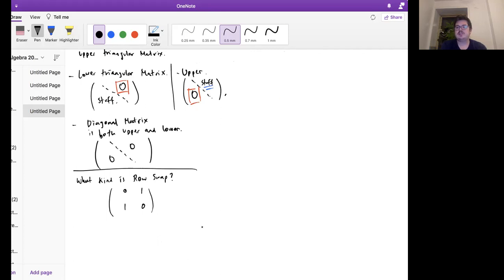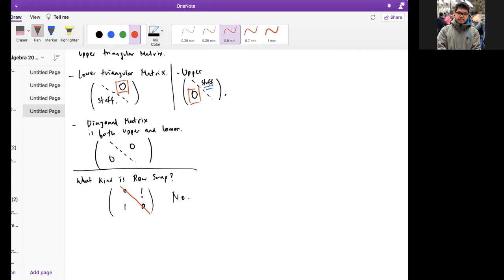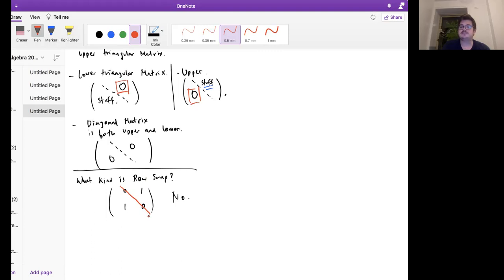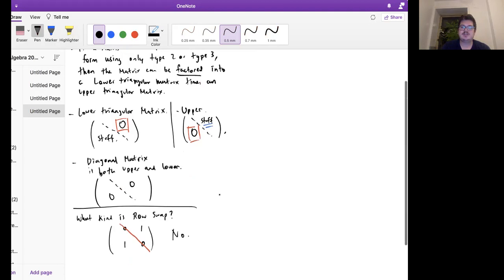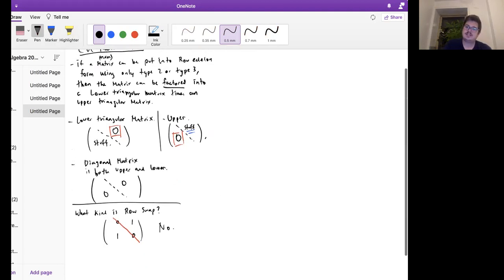Look at those definitions. No. This is the diagonal here, right? One of these would need to be a 0 for it to be triangular. But they're both non-zero, so it can't be triangular. So row swaps, that's one reason why we disallow type 1s, because a row swap is neither upper, lower, and it's not a diagonal matrix.